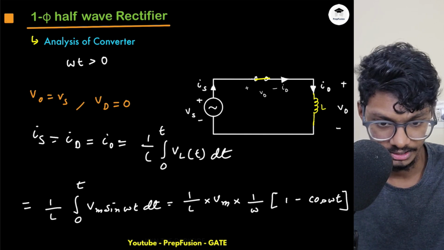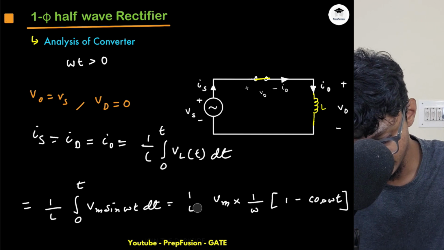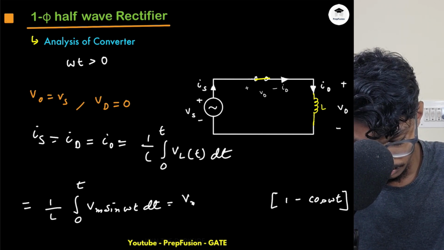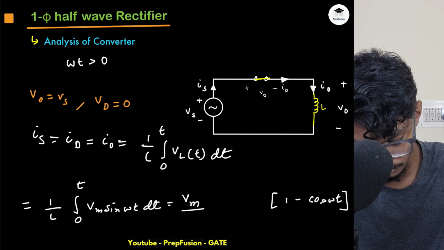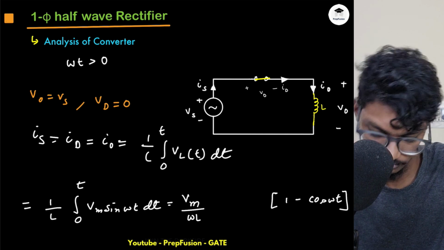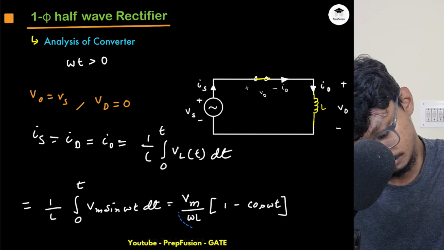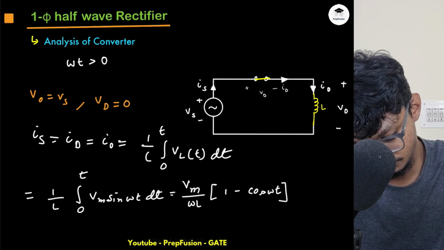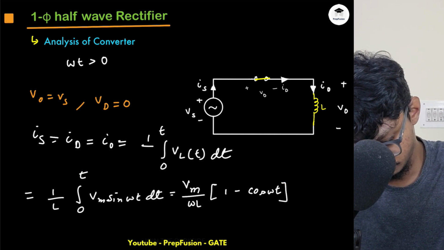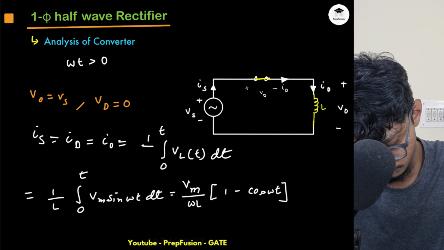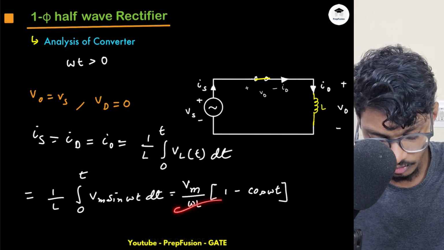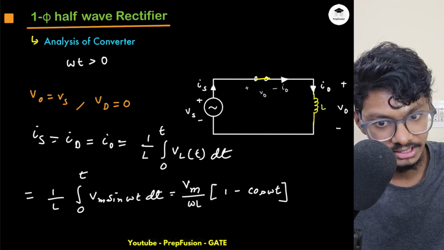If I just rewrite this in a better manner, this will be Vm upon omega L times (1 minus cos omega t). So this is the value of the current. Now this is the diode current.